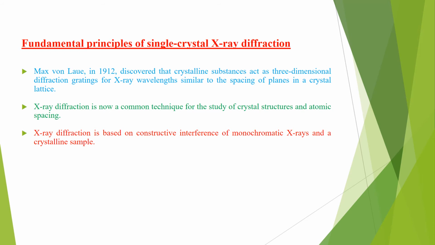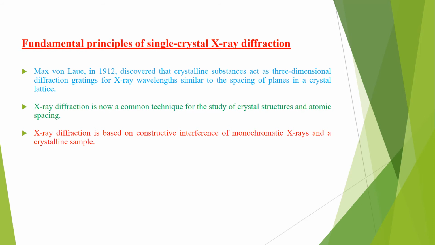X-ray diffraction is now a common technique for the study of crystal structure and atomic spacing. X-ray diffraction is based on constructive interference of monochromatic X-rays and a crystalline sample. So these are the fundamental principles that were discovered by Max von Laue in 1912.